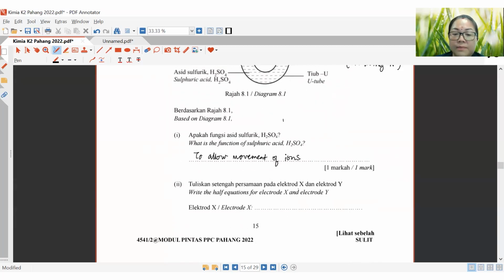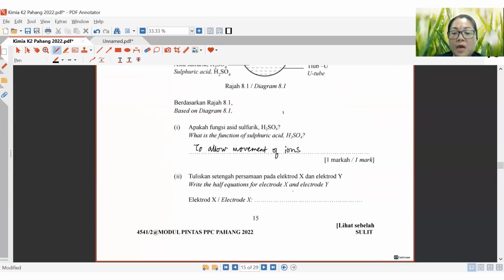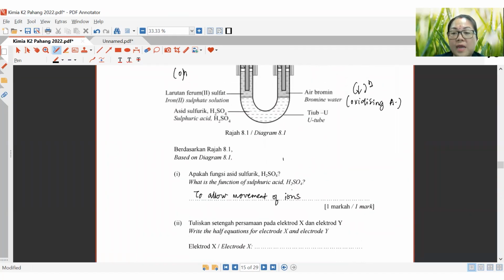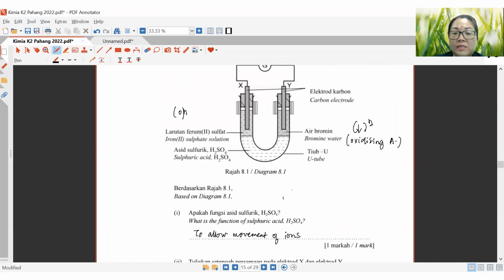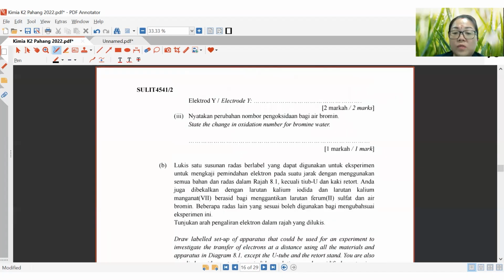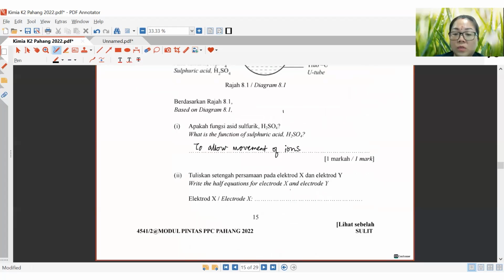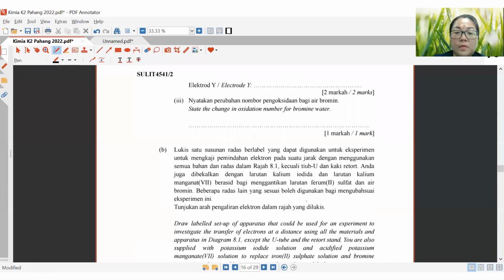Now to write the half equation for electrode X and electrode Y. So let's look at X. X, we've got iron 2. If it's undergoing oxidation, meaning it loses electron, so iron 2 will be iron 3 plus electron. Now for electrode Y, bromide.